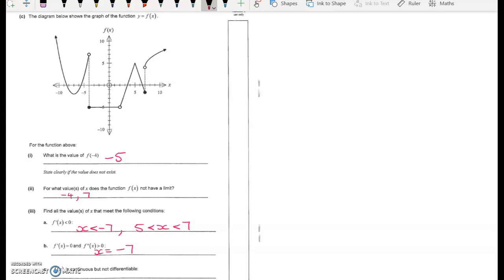But here we have it being continuous, there's no break in the graph. But we can't differentiate at that point because we wouldn't know whether to differentiate it according to the line on the left or the line on the right because it's got that sharp turn in it. So we can't differentiate when x equals 5. We've got another break in the graph here, so that's not continuous, we're not going to include that, and nothing else after that point.